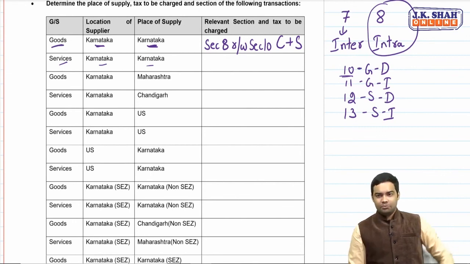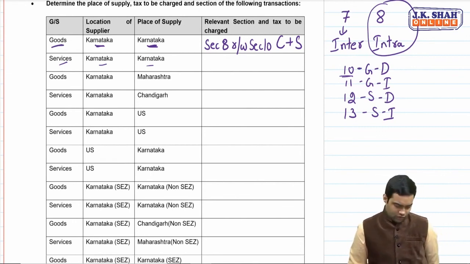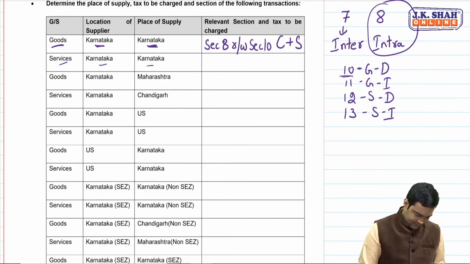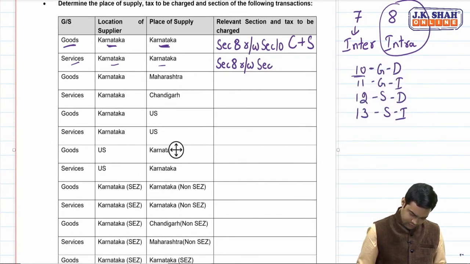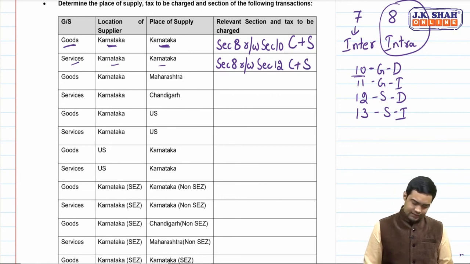Now, I hope you have written the answers for all. Let's see the answers. Services Karnataka, Karnataka. So section 8 read with section, both are in India, we will treat it as section 12, CGST plus SGST.